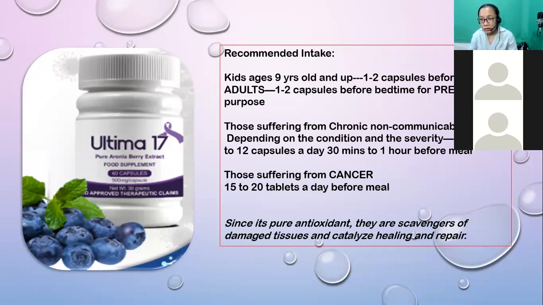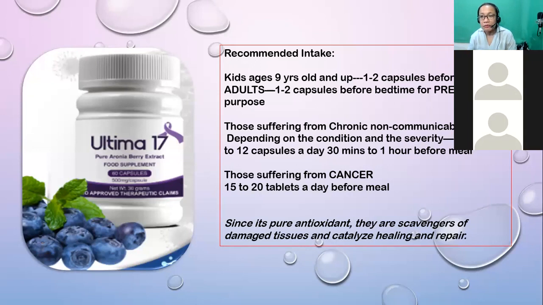The antioxidant content of Ultima can scavenge the free radicals that are deposited in the brain. And if the free radicals are removed, the brain cells will have enough space for memories. Kaya memory booster ang Ultima. Adults, 1 to 2 capsules before bedtime for prevention purposes.